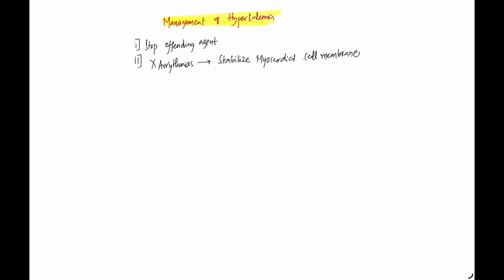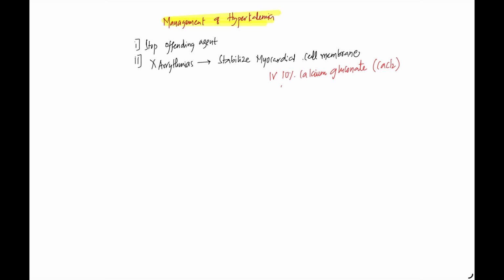So we have to stabilize that to prevent cardiac arrhythmia. For that reason, we immediately use IV 10% calcium gluconate. Okay, if it is not available, you can even go for calcium chloride, but calcium gluconate is the preferred one.